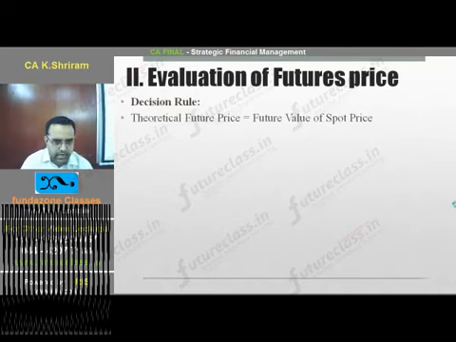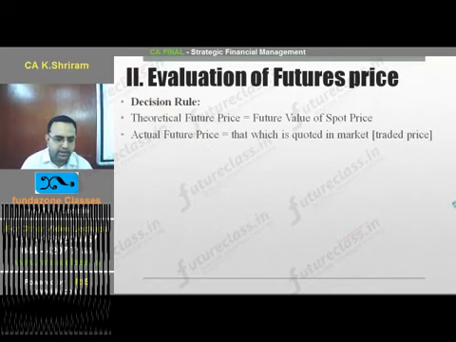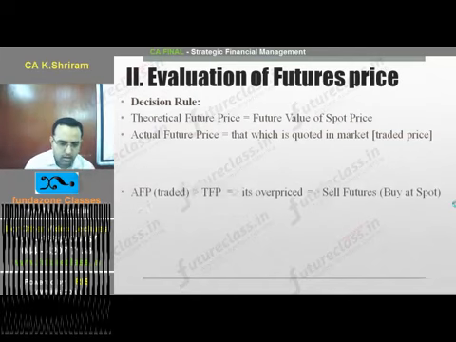The actual future price is the price at which futures trade today. Actual future price equals that which is quoted in the market, the traded price.